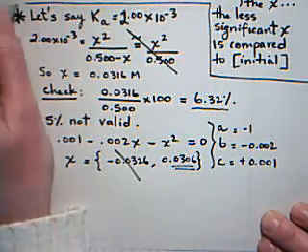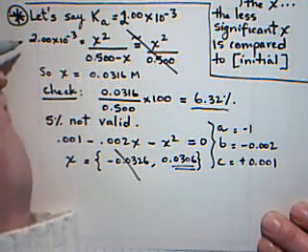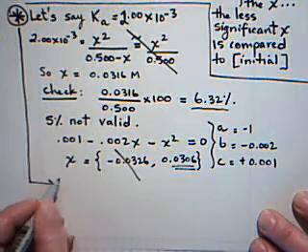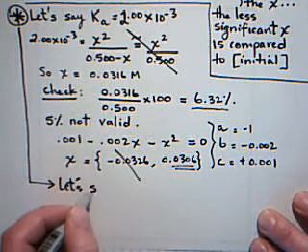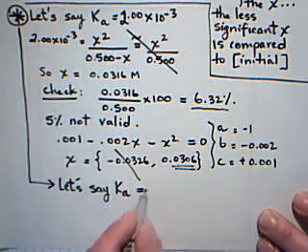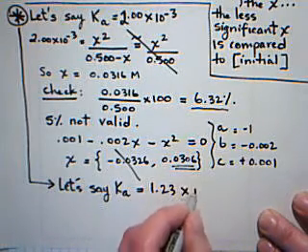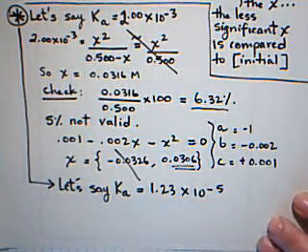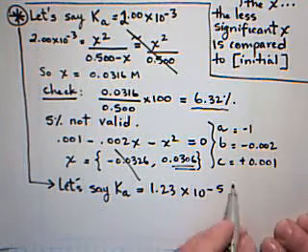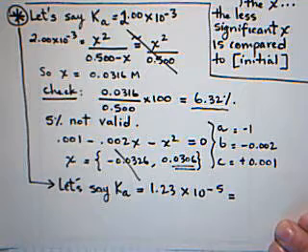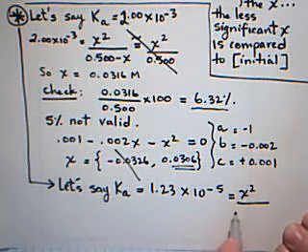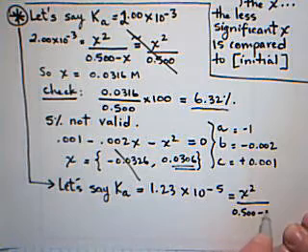Up here we said the Ka is 2 times 10 to the minus 3. Let's see if it works if the acid dissociation constant is of the order of 1.23 times 10 to the minus 5. I'm going to let you work on that and see if it works. That would equal, in the same example, x squared over 0.500 minus x.